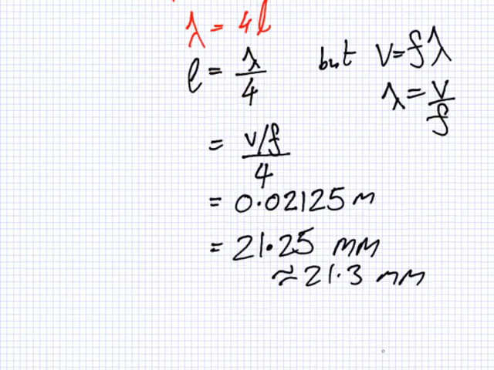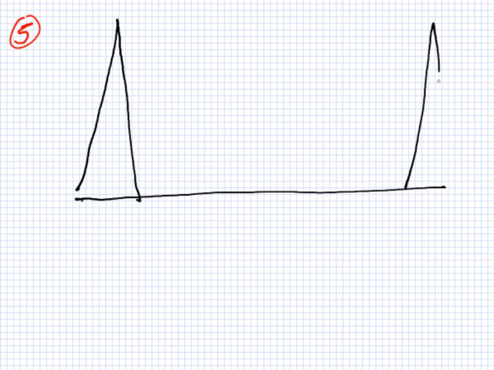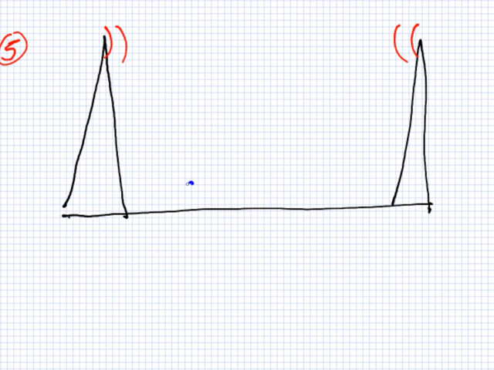Right, so I'll try and draw this here. What you have happening, you have one tower here, radio station, and another tower here, and they're transmitting a radio signal, and you're in your car, driving along.